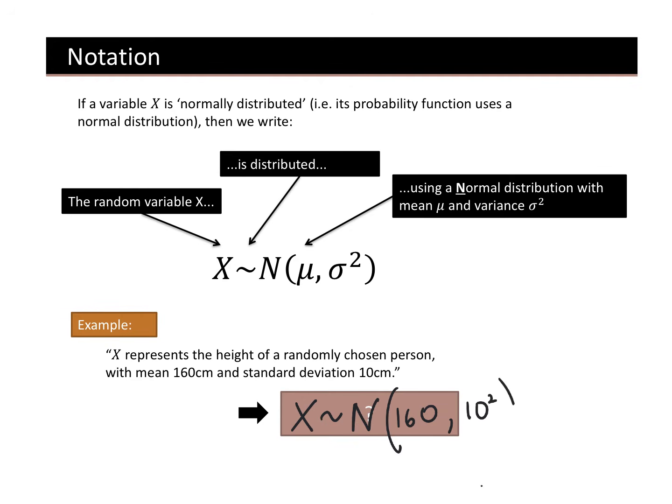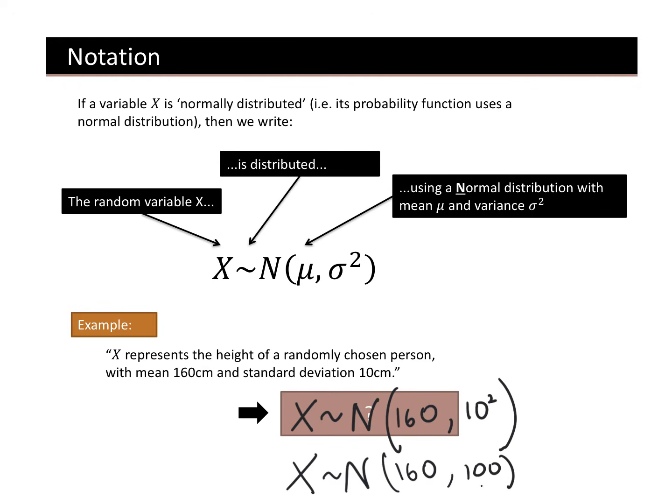So this becomes 10 squared, because remember we want the variance. And this is it. Done. So this means that X is normally distributed with a mean 160 and a variance of 100. Now, either way is completely correct.